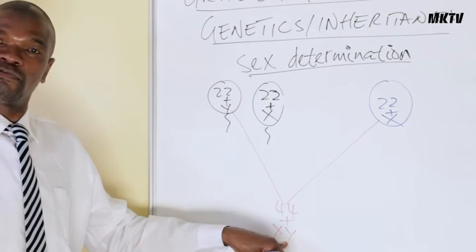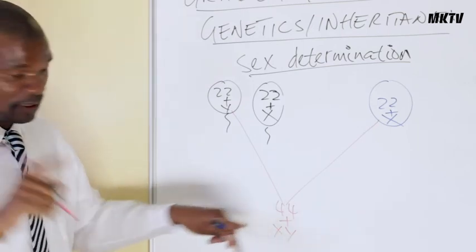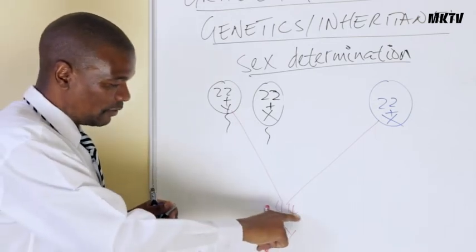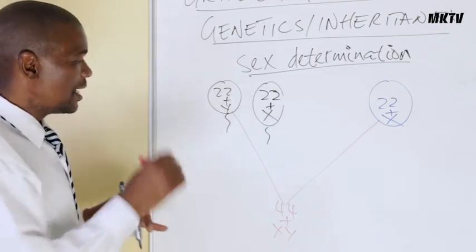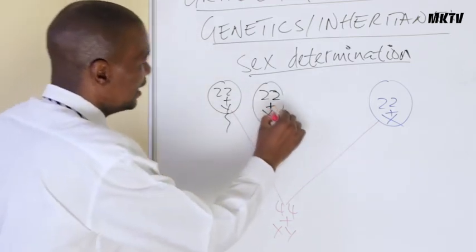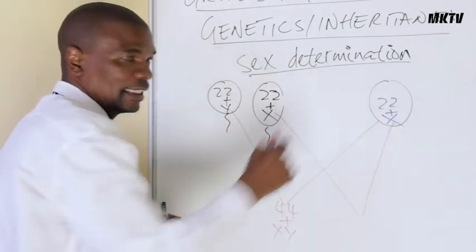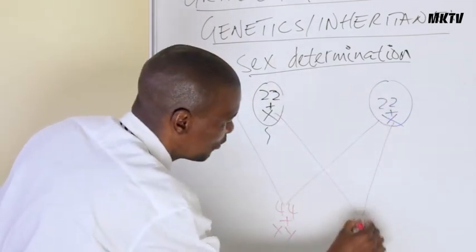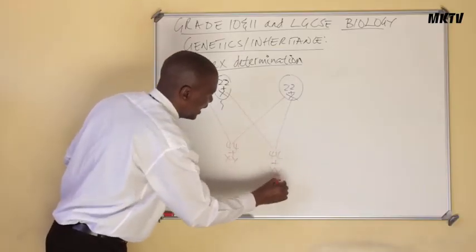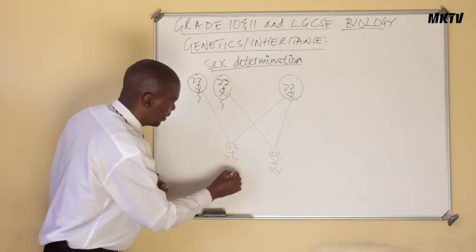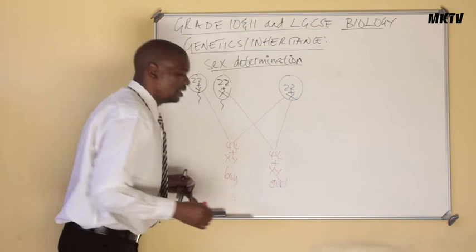And we talked about 46. Remember, we talked about 46. We still have that 46 because we have got 44 plus 1, 2. So that goes back to 46. But if this sperm fertilizes the egg, then we shall have 22 plus 22 plus X and X. So the first is a baby boy, the male, and this is a baby girl, the female.